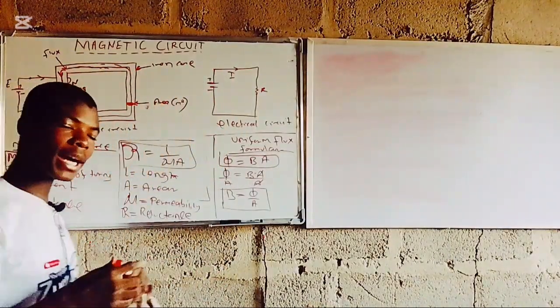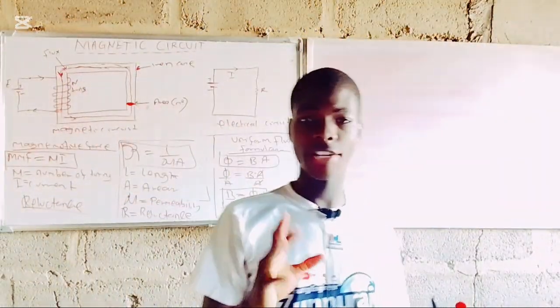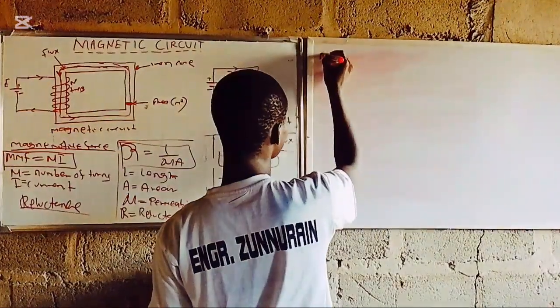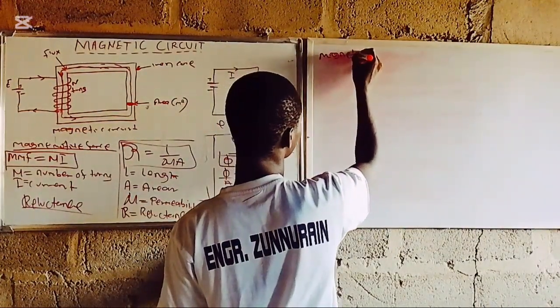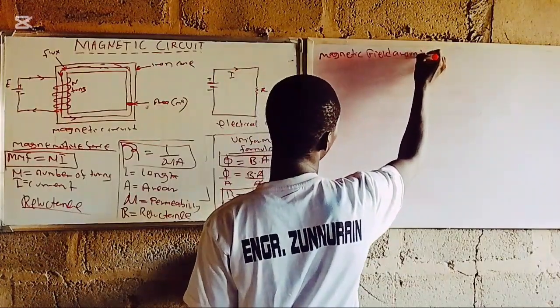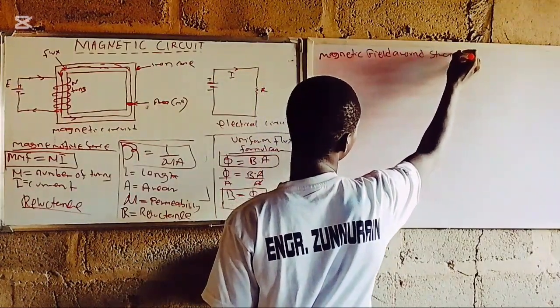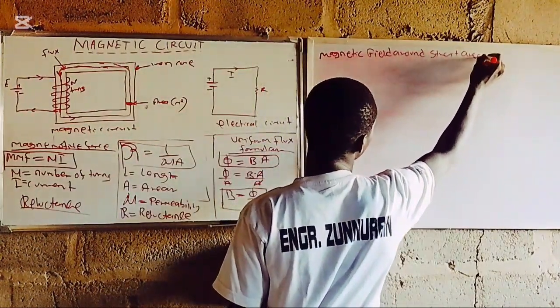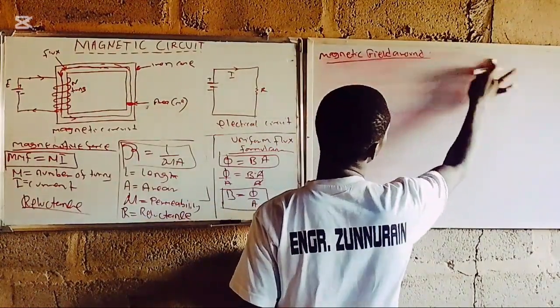So let's talk about the magnetic field around a straight line.